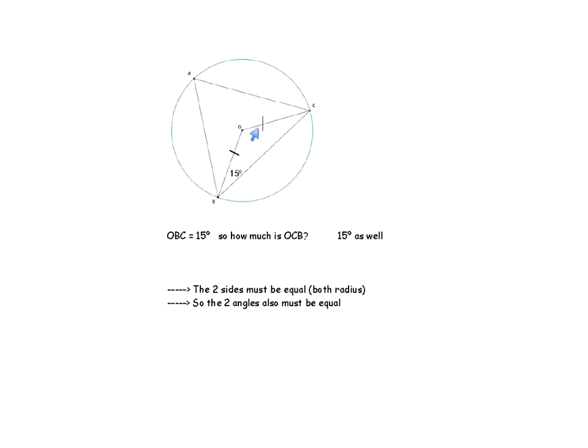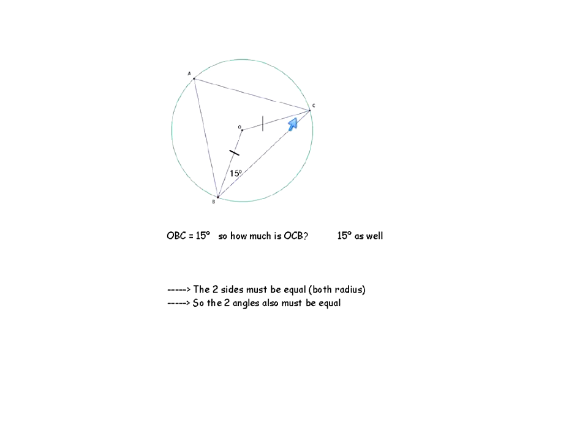So that means that these two sides are equal. Well, what does it mean when we have two sides of a triangle equal? It means we have an isosceles triangle. And whenever two sides of a triangle are equal, it means that these two angles also have to be equal. So this angle here, OCB, must also be 15 degrees.